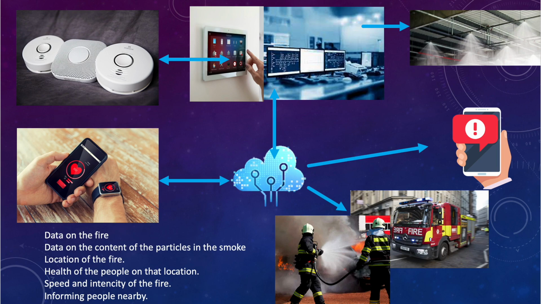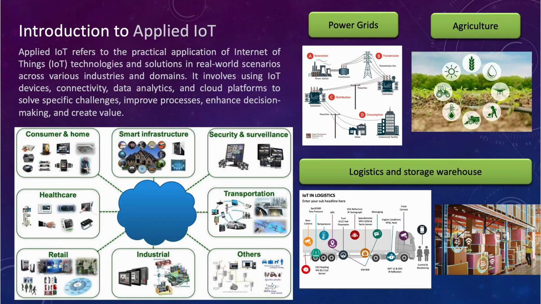So let's again go to the definition. It improves the process and enhances decision making. How? Because the alerts will go out quickly. There's no need for a person to be at that location to understand what kind of fire it is, even if it's a small fire.